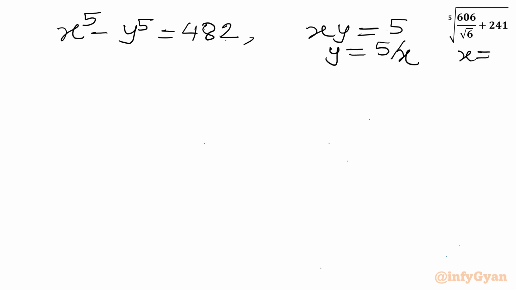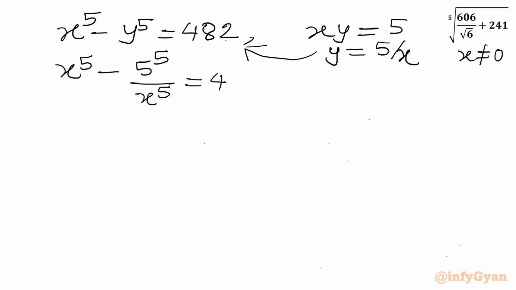Of course x is non-zero. This value I will apply here. So x power 5 minus 5 power 5 over x power 5 equal to 482. Now I will assume x minus 5 over x equal to a.